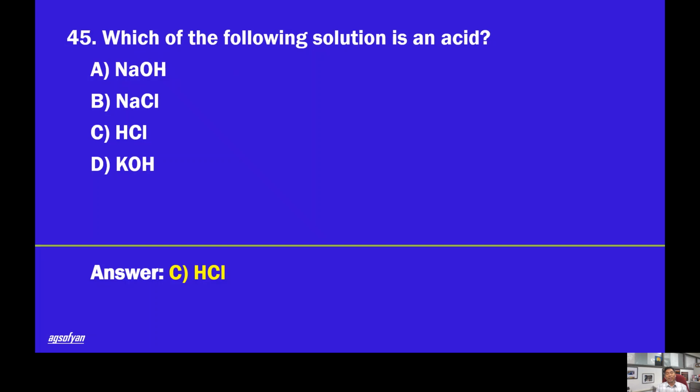HCl is actually hydrochloric acid. So I didn't read this compound or solution with its real name. Okay, I just said HCl because if I said hydrochloric acid, then it would give you the key for the answer. Number 46. Which of the following solutions is an alkaline or basic?